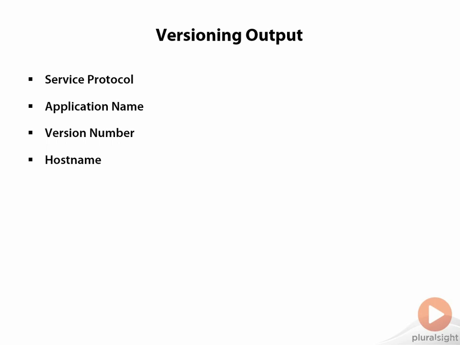Not all versioning attempts will produce all of these outputs, but Nmap tries to determine the service protocol, such as FTP, Telnet, or HTTP, the application name, for example, Apache or IIS, the version number, 2.2 or 2.4, and the host name. These 4 attributes are determined using a database of probes that perform application-specific queries. 2 more fields that version detection can discover are device type and operating system. 2 additional techniques are used to discover these 2 attributes.